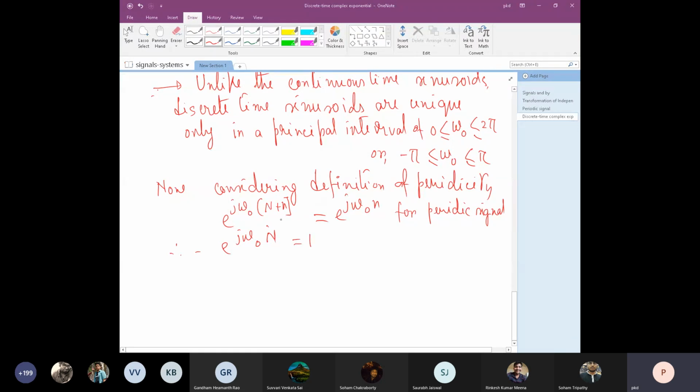Okay, or otherwise omega naught needs to be equal to 0. In that case, of course, periodicity is undefined, but this relation will be satisfied. So this relation is satisfied either for exponential of j omega naught N equal to 1 or omega naught equal to 0.